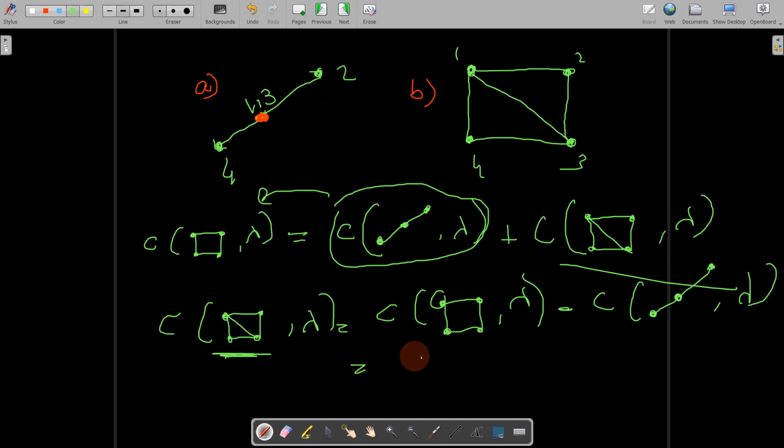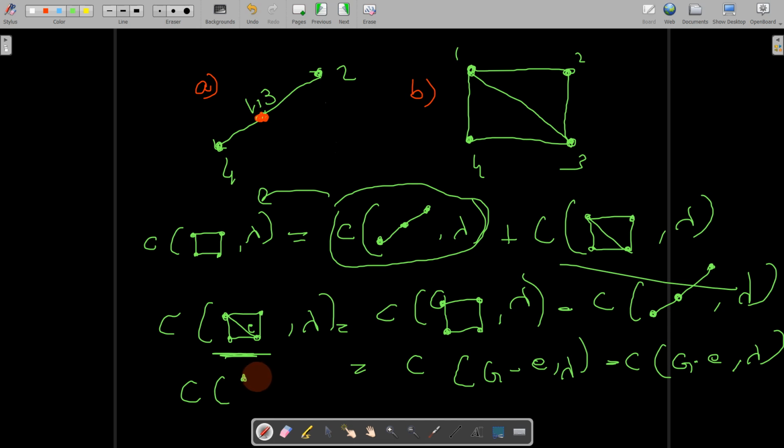That is equal to the chromatic polynomial for the graph minus this edge E, minus the chromatic polynomial when the edge E is coalesced into a single vertex, G dot E, comma, lambda. So we can break this bigger problem into smaller problems.